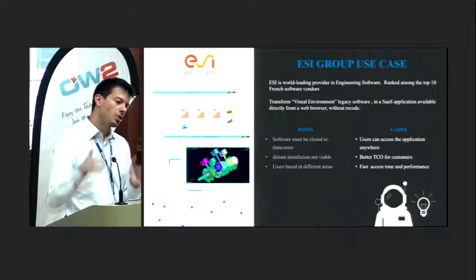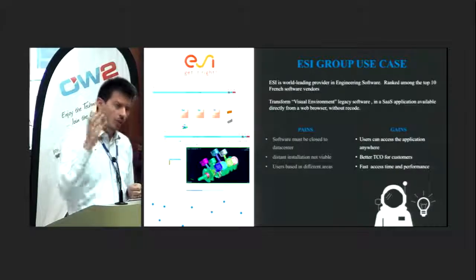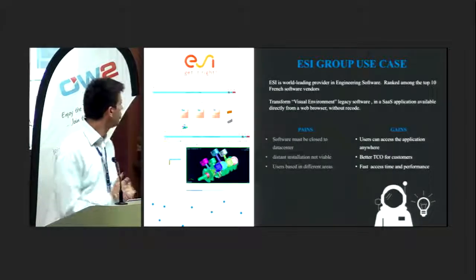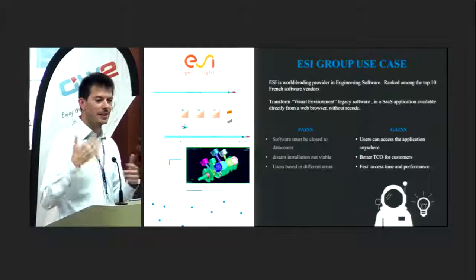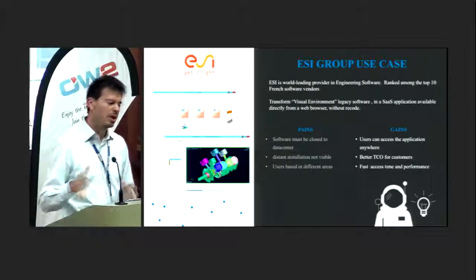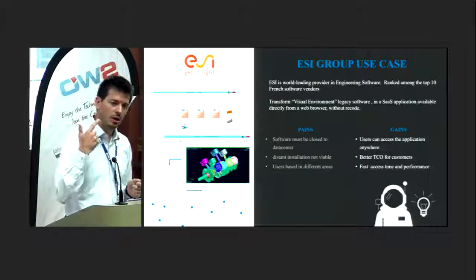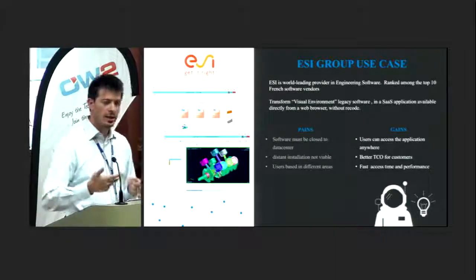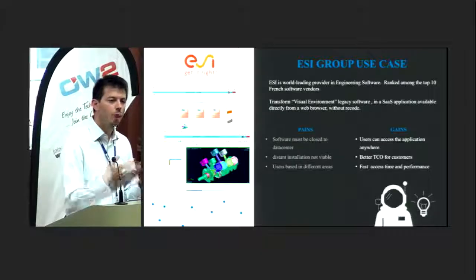So they push the software to the cloud to share GPU computation. It was an interesting use case, because very often you say, okay, I will push this to the cloud, but I will have a lot of latency and less compute power. In this use case, they push to the cloud to give more power to the user.